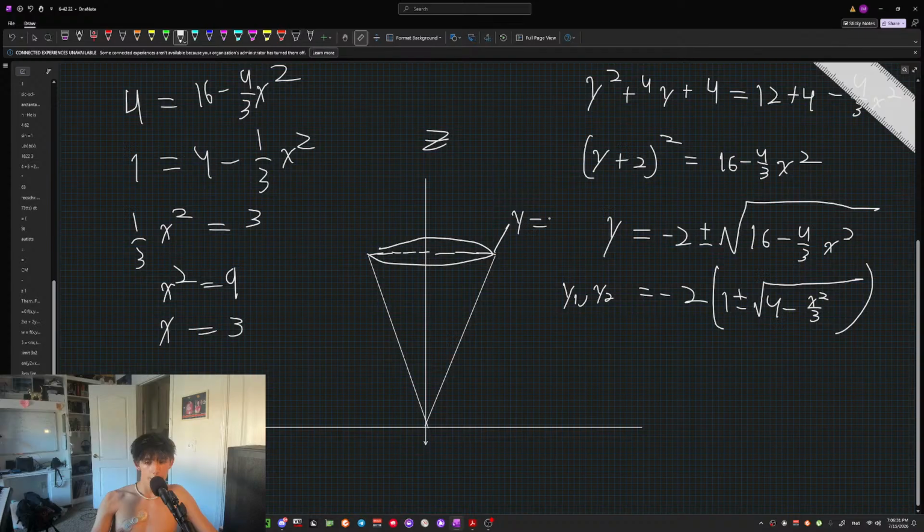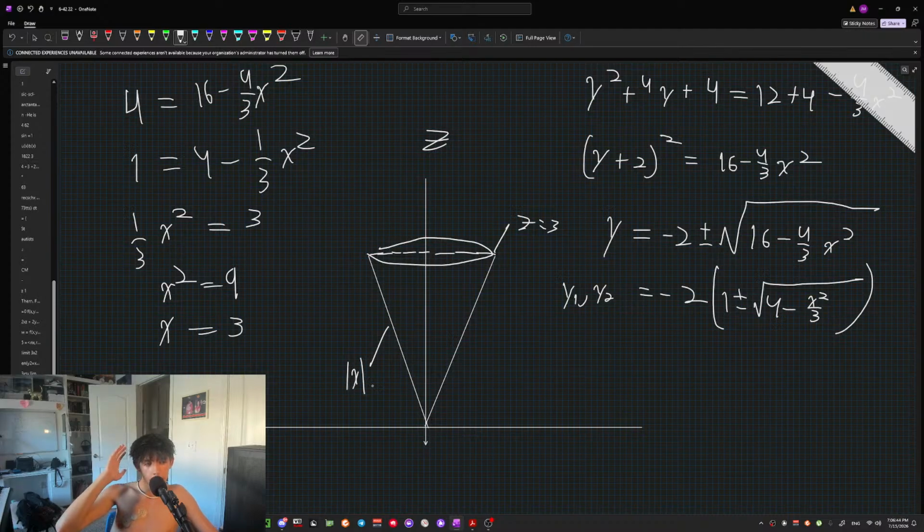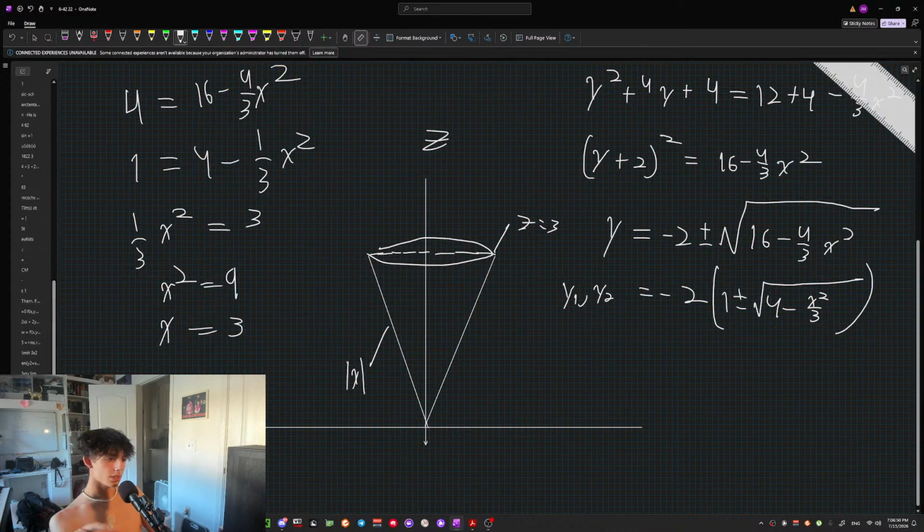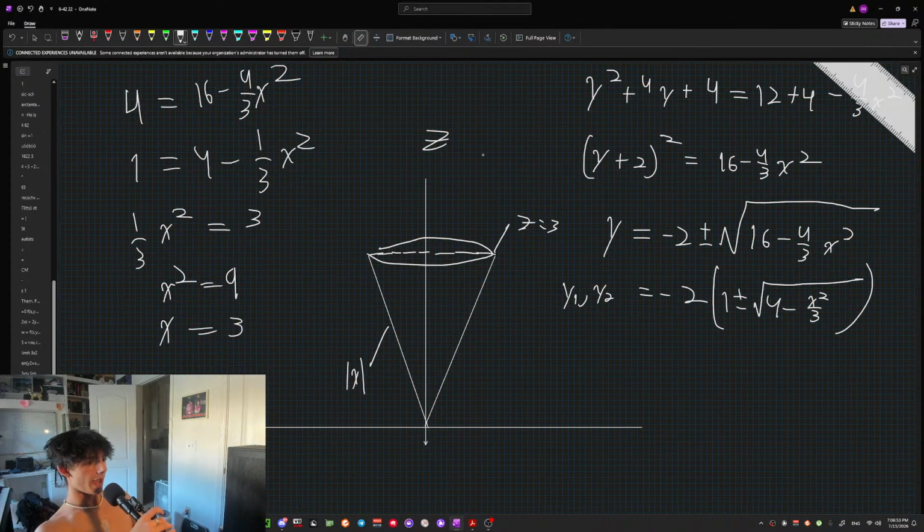This is y, or this is z equals 3. This is the absolute value of x. This makes sense right here. Like this actually does in fact make a lot of sense.